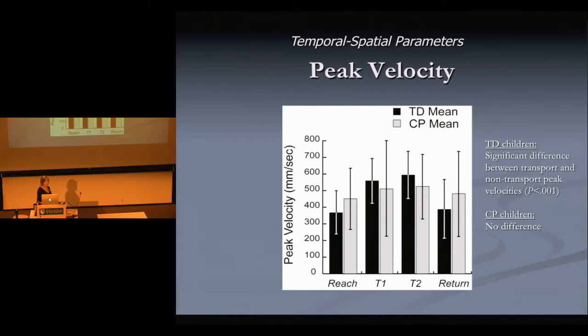So the hand travels a longer distance during the transport phase, so from the table up to the mouth, as compared to across the table. So you get greater peak velocities in the typically developing population, and that's consistent with a concept of scaling movement velocity to movement amplitude. In general, the children with cerebral palsy did not demonstrate this pattern, and that suggests a more limited ability to modulate their hand velocity.